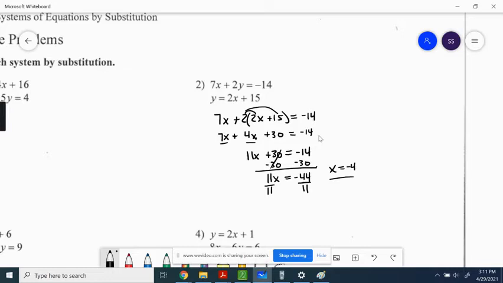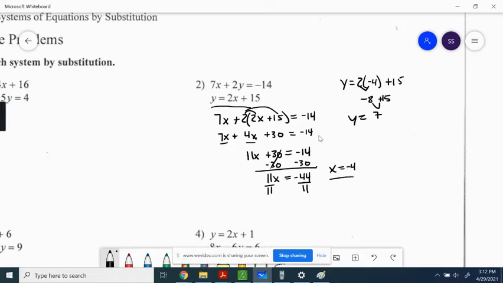Now we say pick the easier of the two. I certainly think the bottom would be easier to solve. So I'm going to take that, 2 times x, but now I know x is negative 4, plus 15, and now I can just simplify this and I have y. 2 times negative 4 is negative 8, plus 15 is 7, so y is equal to 7.